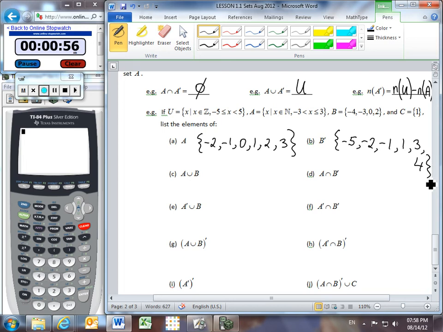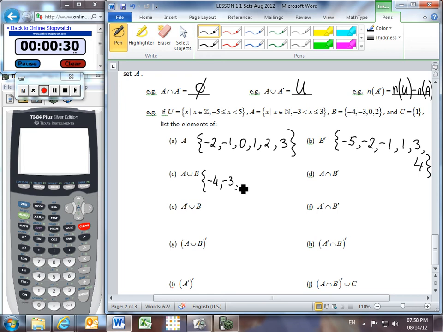Part C, what are the elements of A union B? So the things that are inside A or B. So one or the other or both. So we've got everything that was inside set A and everything that's inside set B. So we combine those two lists together. And if I write it from smallest to biggest, I'll start with these two, -4 and -3.